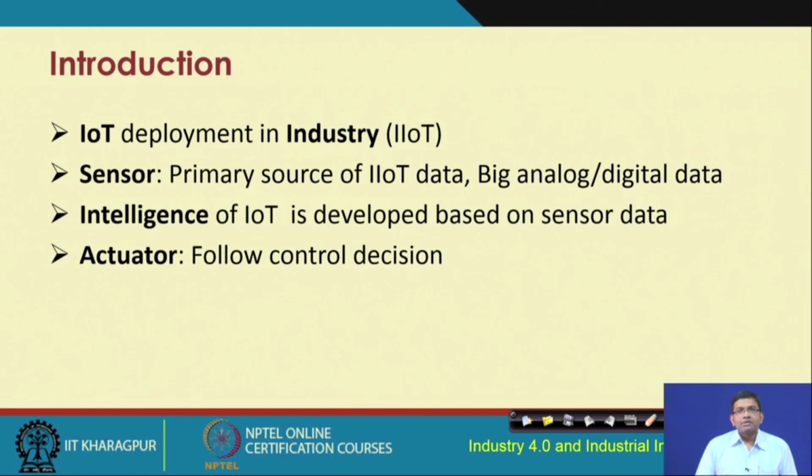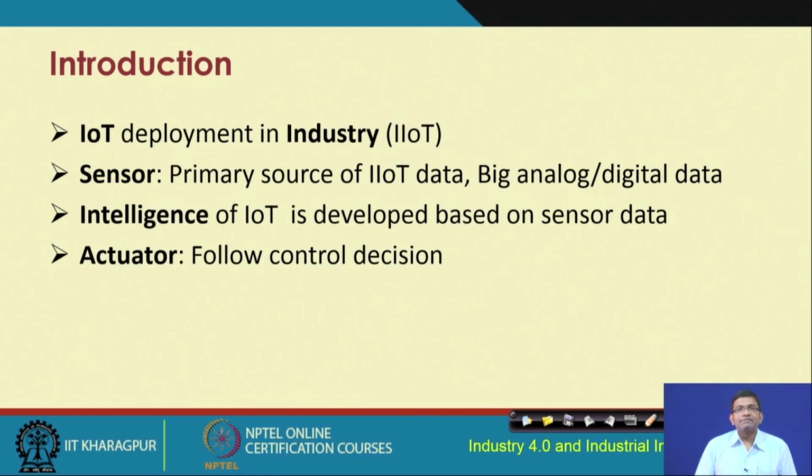These are the core components which form the backbone behind the collection of all these different data and making different changes dynamically to the system. So, sensors are basically the primary source of IIoT data, and there can be different types of data that can be sensed using different sensors.